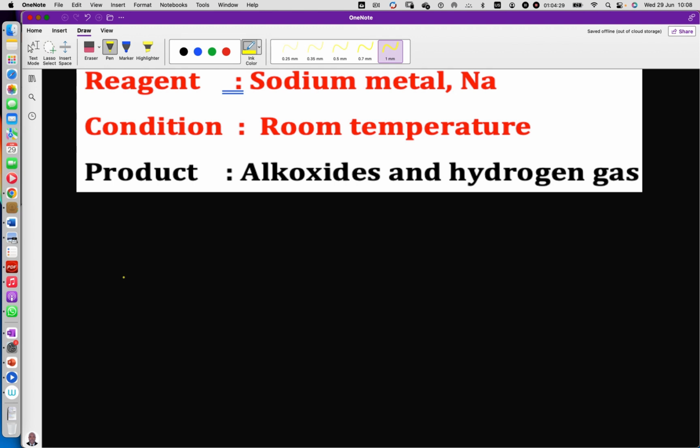That's why we call them alkoxides. So when phenol reacts with sodium metal, this is what you will see: phenol plus sodium, and you will see an alkoxide being formed.